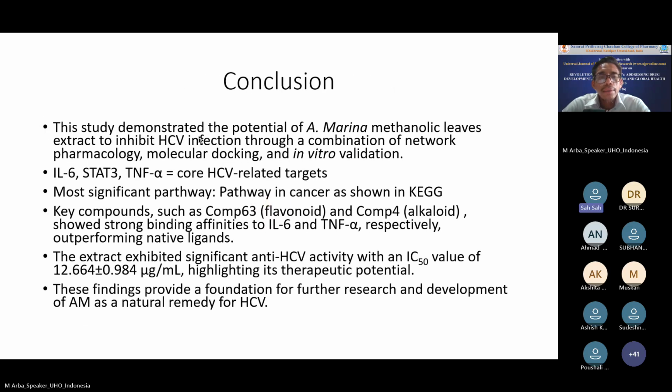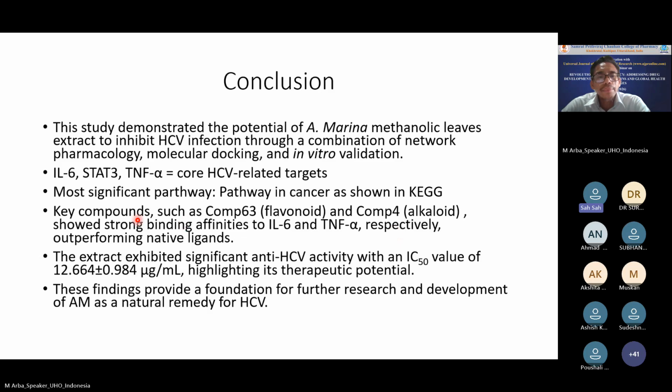So the conclusion is this study demonstrates the potential of the methanolic leaf extract of Avicennia marina to inhibit HCV infection through a combination of network pharmacology, molecular docking, and in vitro validation. And then we found interleukin-6, STAT3, and TNF-alpha as core HCV-related targets. The most significant pathway is pathways in cancer, as shown in KEGG.